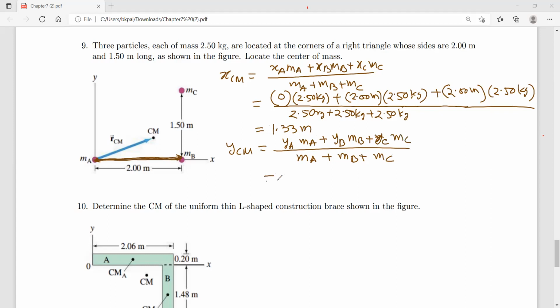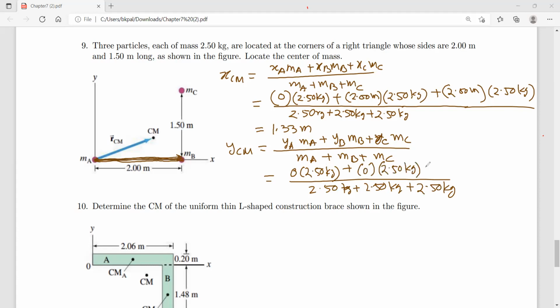Now again it is 2.5 kilograms plus 2.5 kilograms plus 2.5 kilograms, and then YA is 0 because this is at the y equals 0 line, so YB is also 0, but YC is this 1.50.